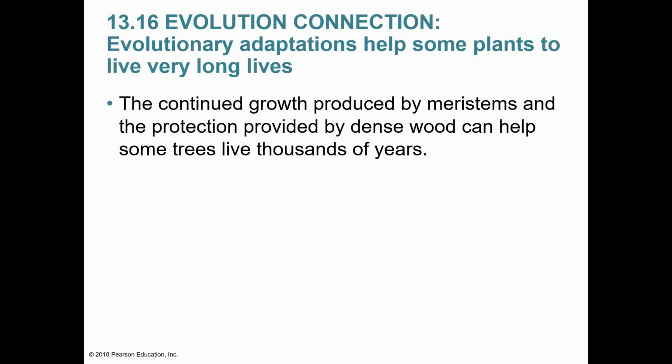All right. In terms of evolutionary connections, these adaptations of reproduction help some plants live very long lives. So the growth produced by the meristems and the protection provided by dense wood helps some trees live thousands of years.